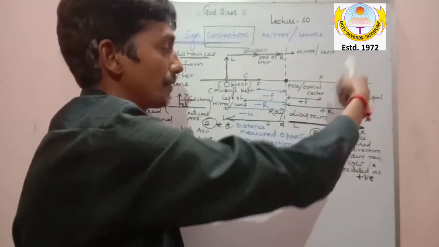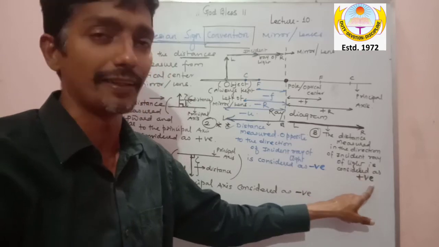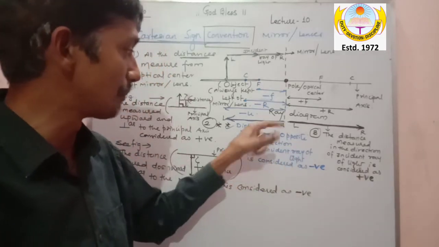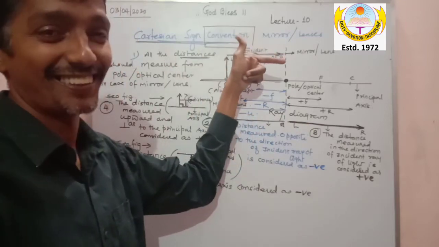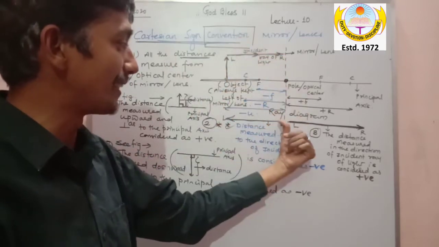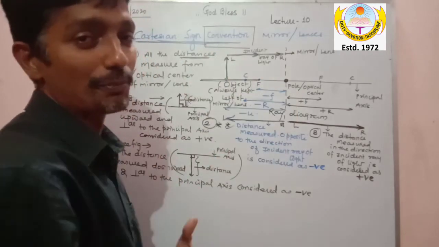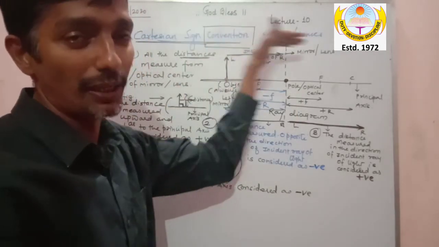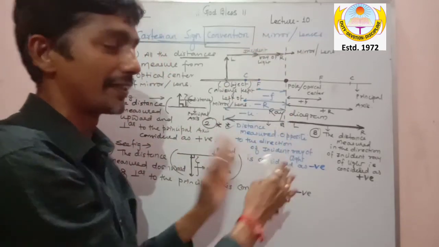So that is all positive. The distance measured in the direction of the incident ray is considered positive. But the distance measured in the direction opposite to the incident ray, if from the pole or optical center I start measuring this side, of course my incident ray remains from left to right. So I am measuring opposite to it, and therefore it is considered negative.